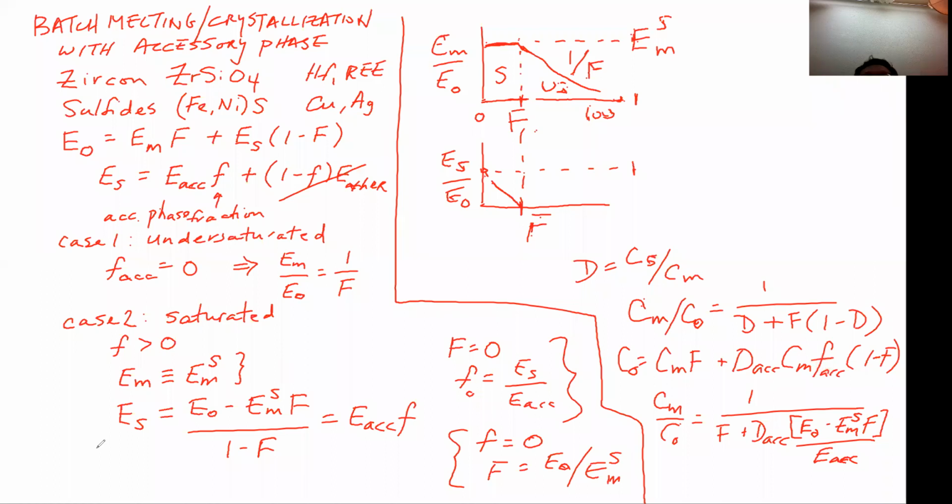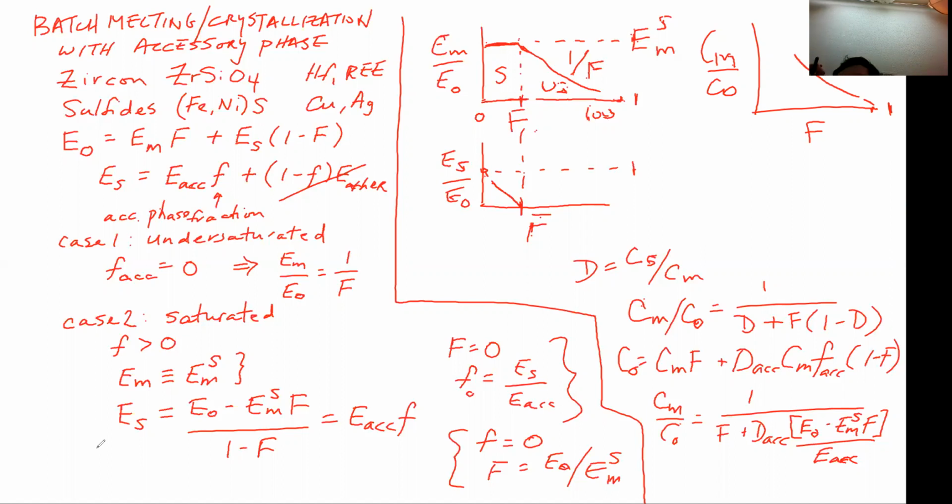Okay. So we can look at Cm over C0 versus F, and once again, I'm going to call this 1 right here. When you're not saturated, then my element should behave as a perfectly incompatible element. It goes like that.